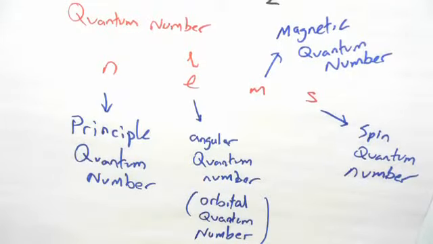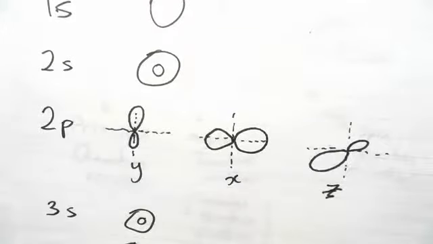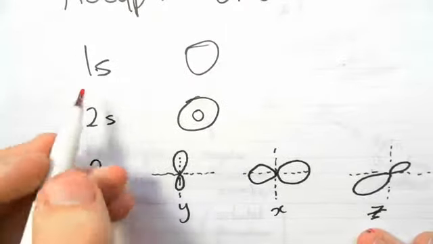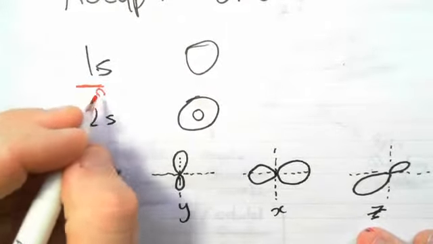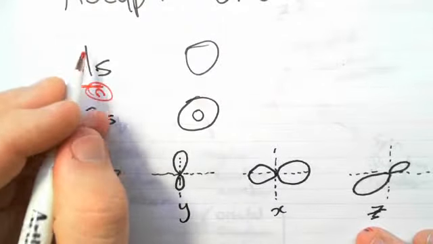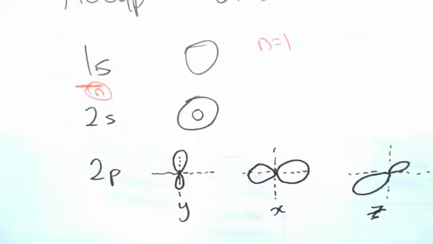So what do these numbers mean? Well, going back to our first page, if we look at the 1s orbital, the 1 is our n. So n is equal to 1. Now, what do you think would be our L? L is the orbital quantum number.